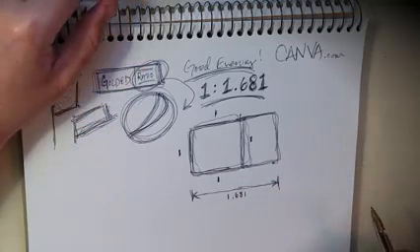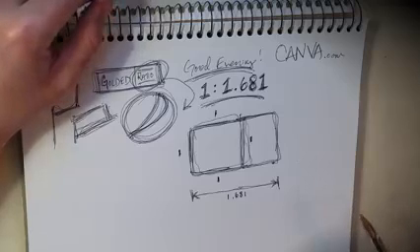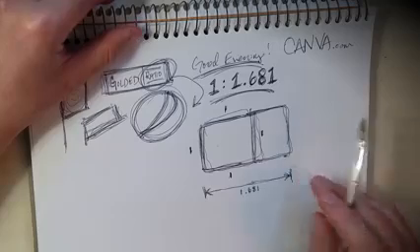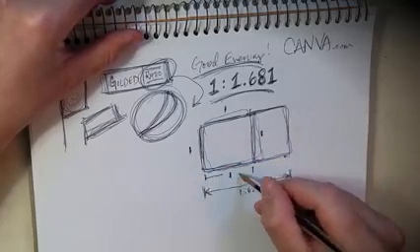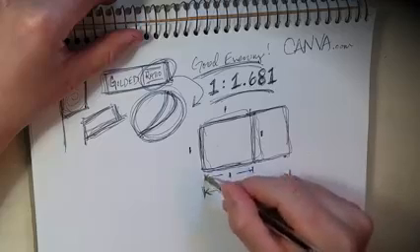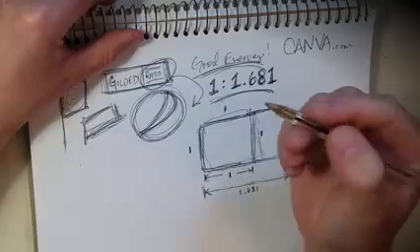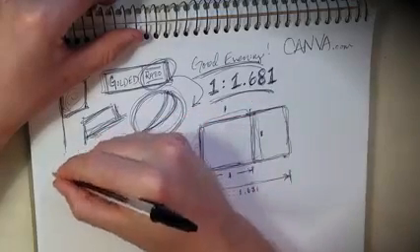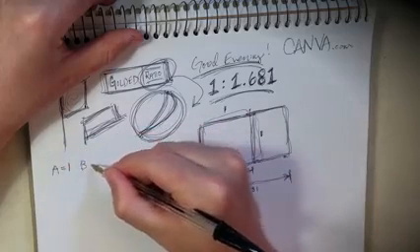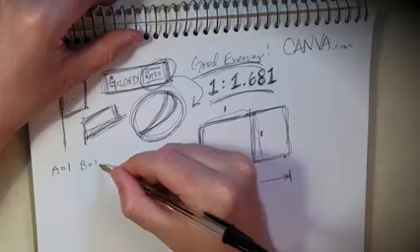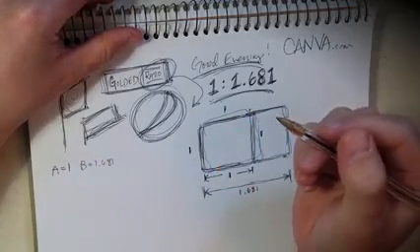The golden ratio is this pattern that repeats, where this we could call, let's see, B equals 1.681.